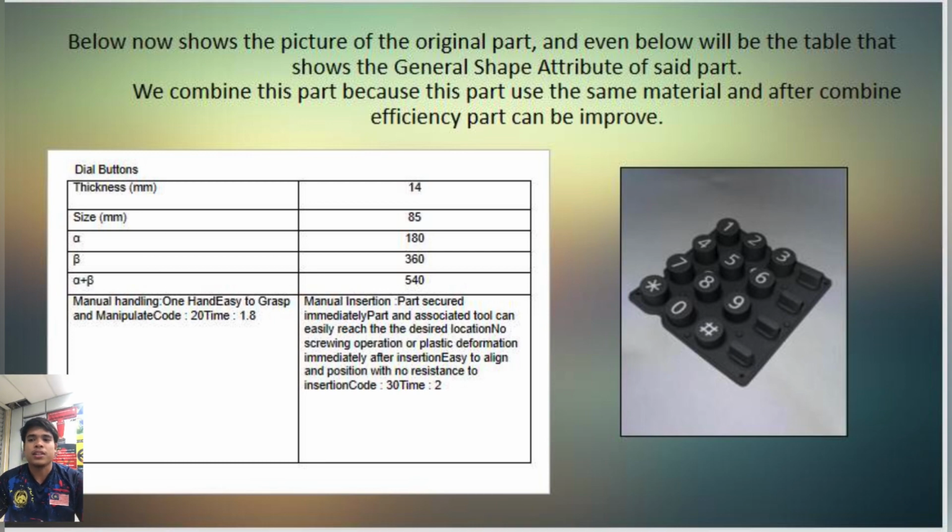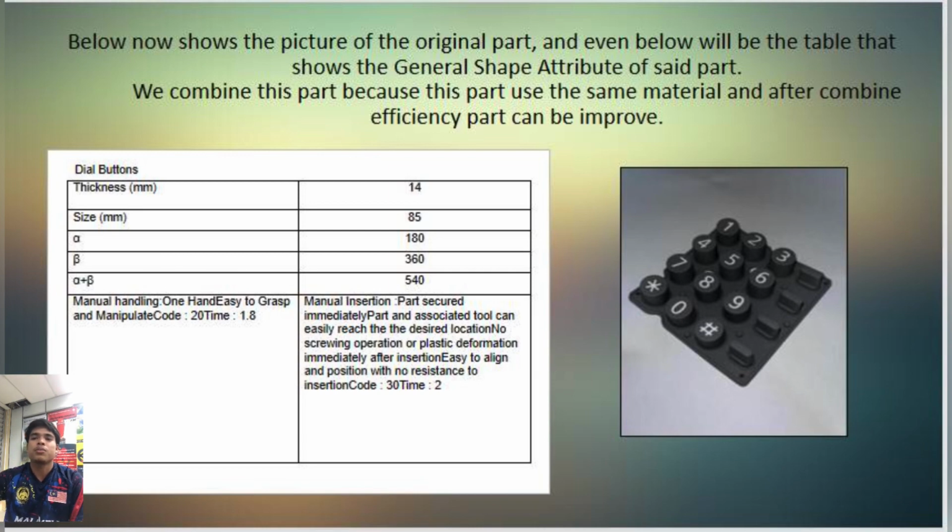Then manual insertion, part can be easily reached to the desired location. No screw operation or plastic deformation immediately. After insertion, easy to align and position with no resistance. Resistance to insertion code times 13, code is 2.